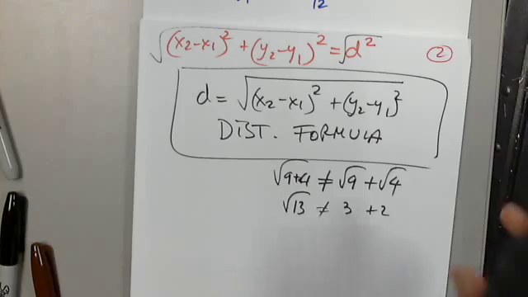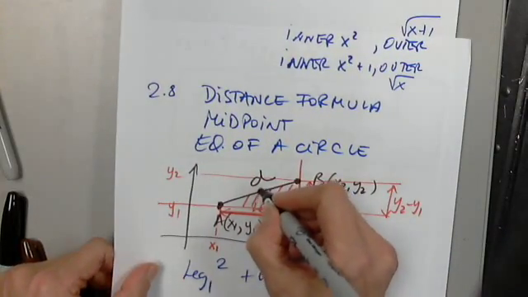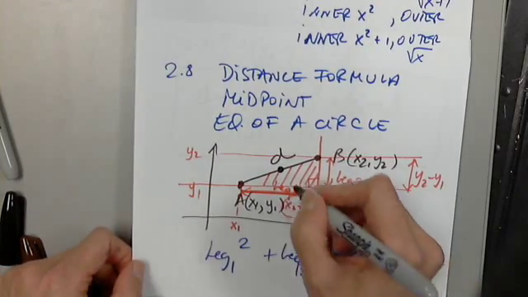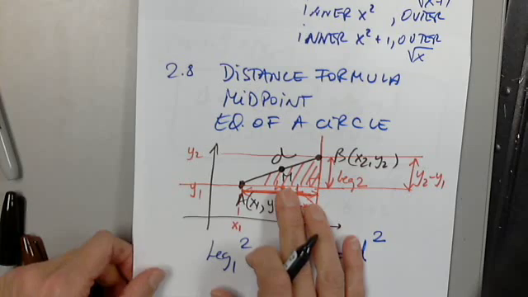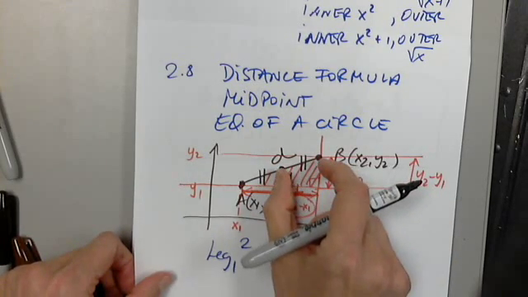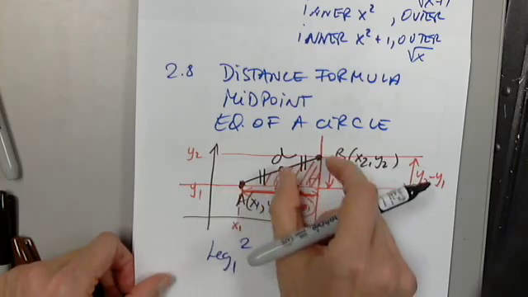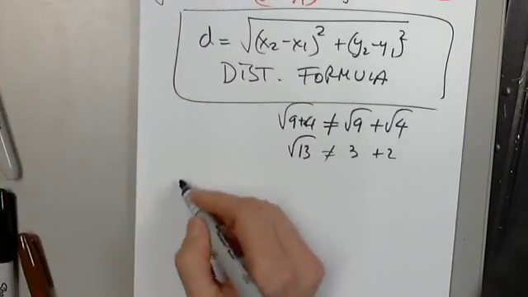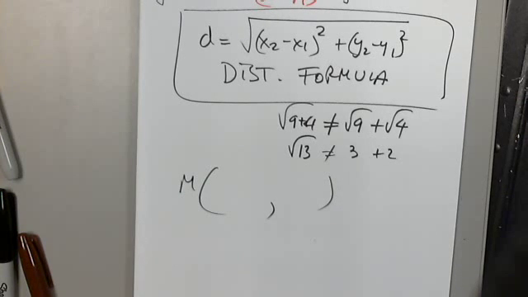Perfect. Now, the midpoint is the point right here in the middle of the line segment AB, denoted by M, and it divides or bisects the line segment AB into two equal parts. So we need to remember the coordinates of the midpoint.